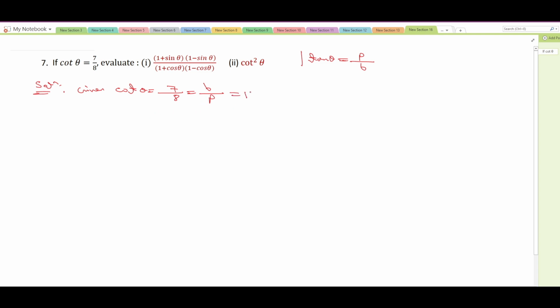Let this be equal to k, where k is a positive number. From this we can write b equals 7k and p equals 8k.